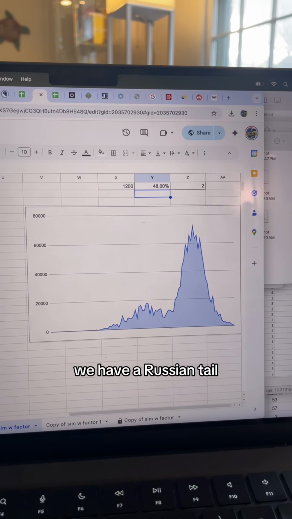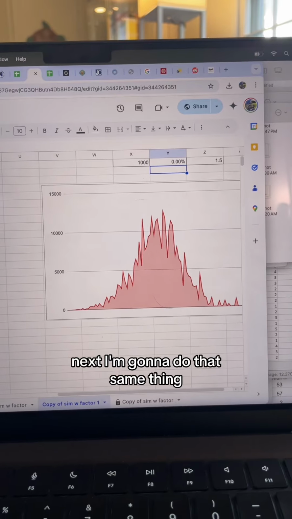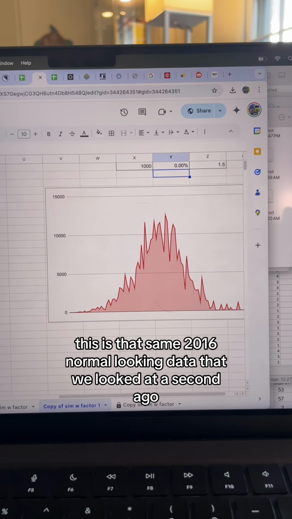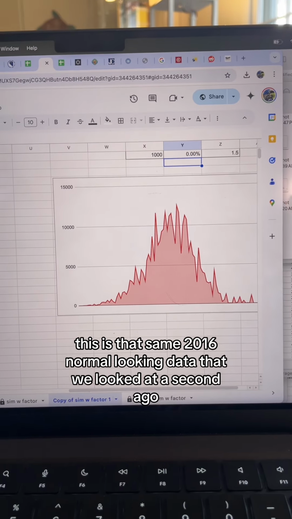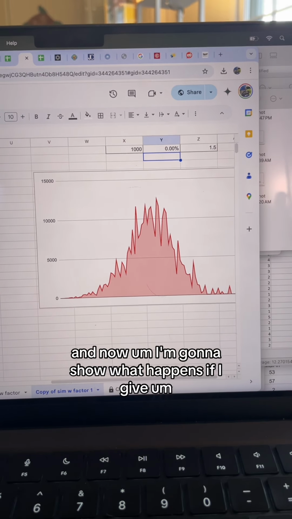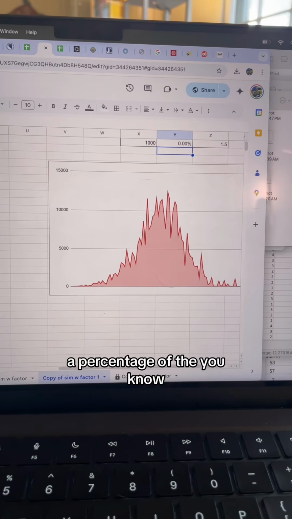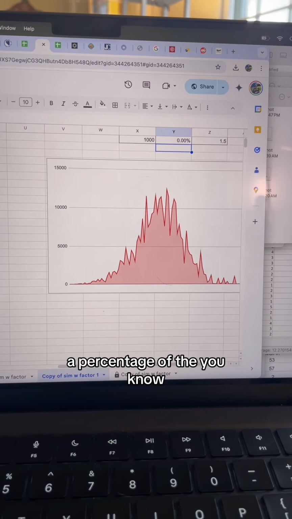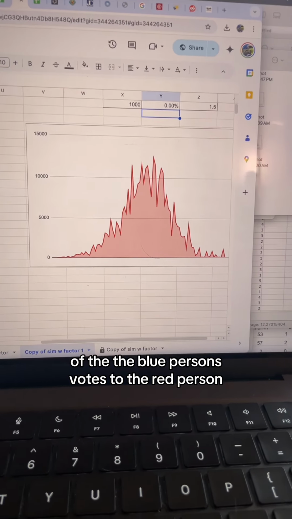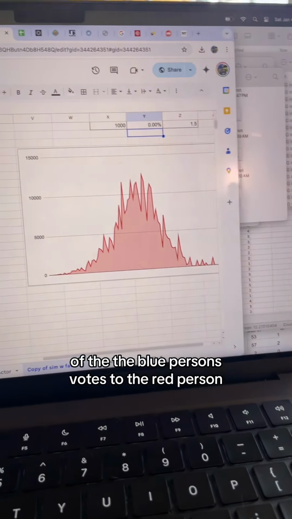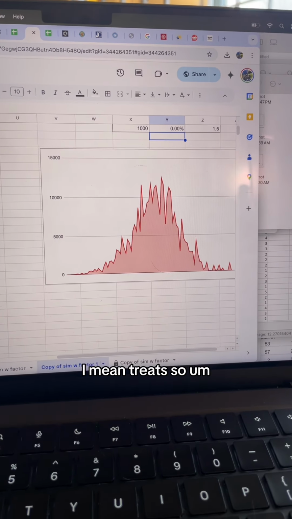We have a Russian tail. Next, I'm going to do that same thing. This is that same 2016 normal looking data that we looked at a second ago. And now I'm going to show what happens if I give a percentage of the blue person's votes to the red person. And by votes, of course, I mean treats.